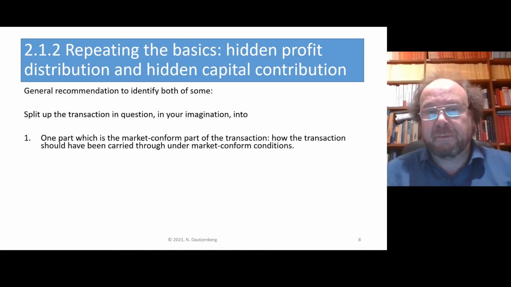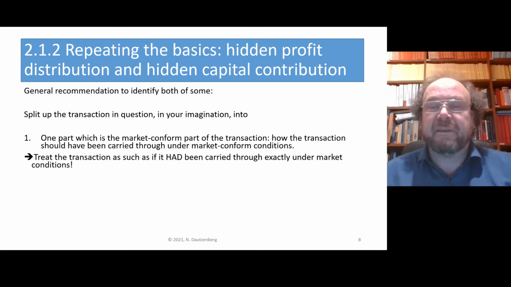So imagine as if things had happened in the ordinary way in which they should have happened if there had been market-conform conditions agreed upon, and then treat that part of the transaction exactly as if that had happened.